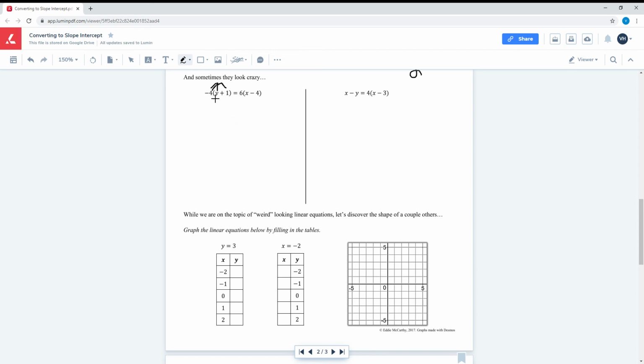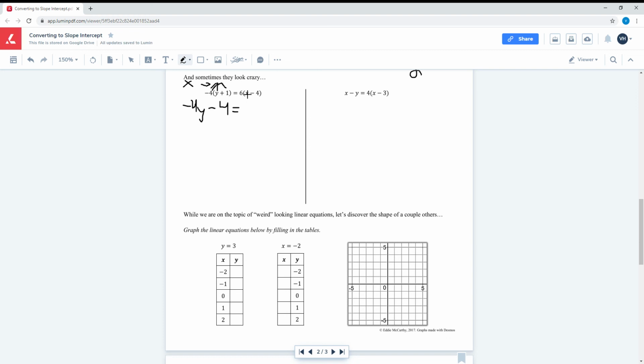Because he's kind of alone. These two are hanging out, but then this guy's just chilling alone. So you want to bring him in. You don't want him to be lonely. Now the only way to bring him in is by timesing. Okay? So we gotta go negative 4 times y, which gives us negative 4y. Real cheap, I know. And then negative 4 times negative 1, which will give us negative 4.